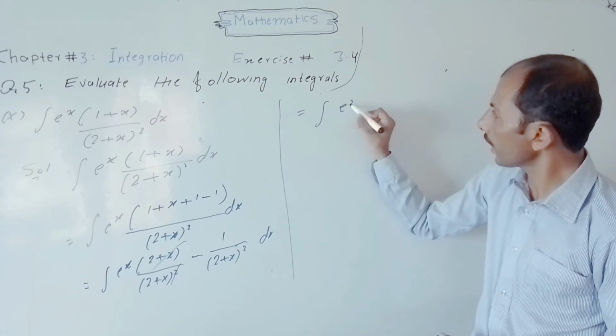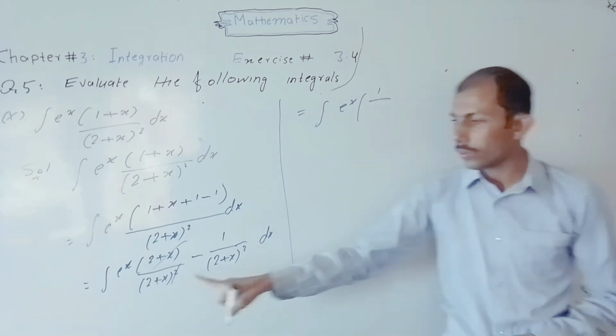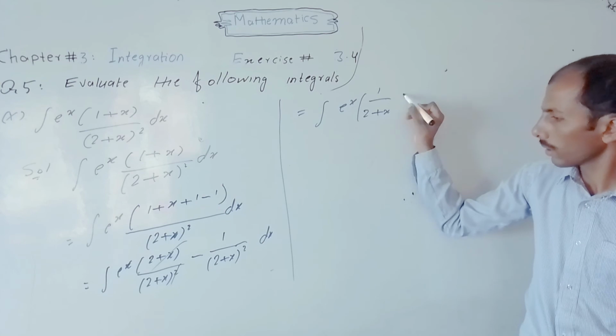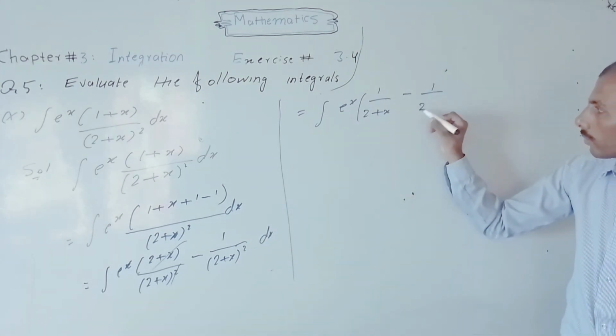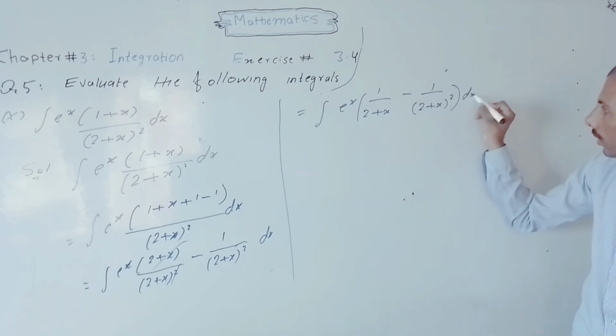which is equal to integral e power x into (1 divided by 2 plus x minus 1 divided by (2 plus x) whole square) into dx.